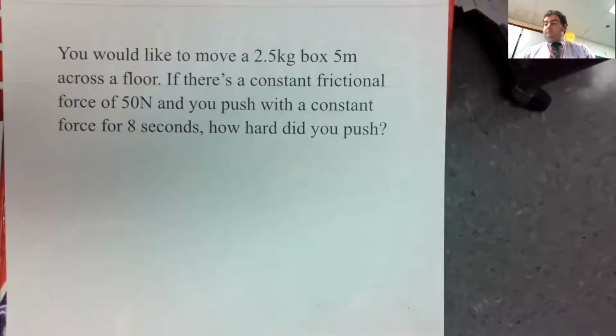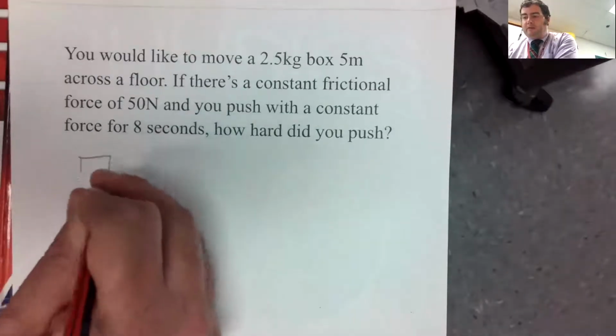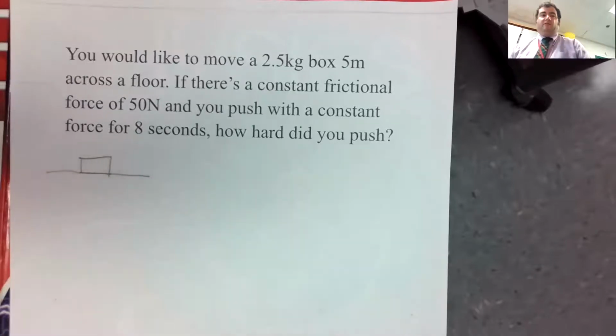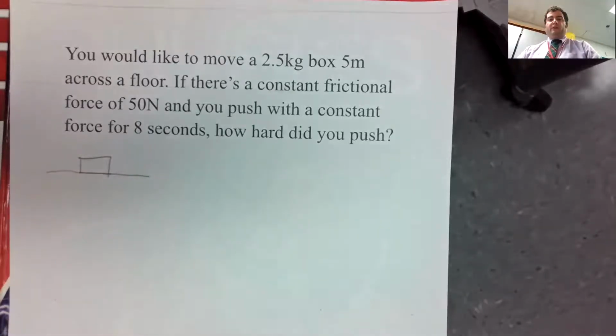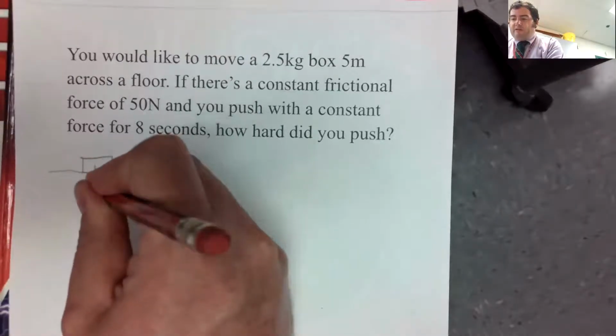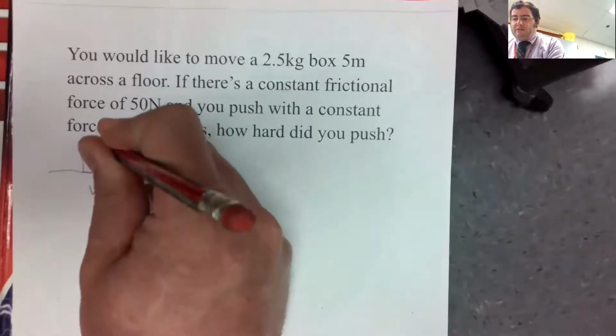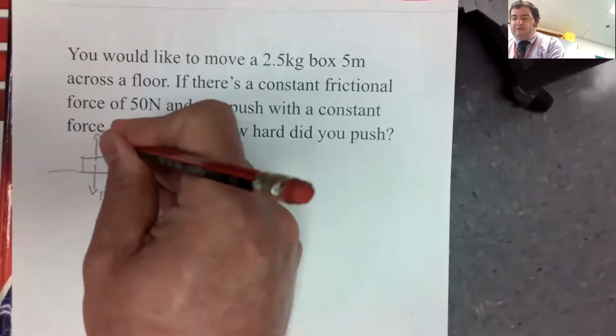The first thing you do when you see a problem like this is draw a free body diagram. That's super important because there's a good chance you're going to miss forces if you don't consider them all right at the beginning. So we know this box is acted on by the force of gravity, and by the normal force.